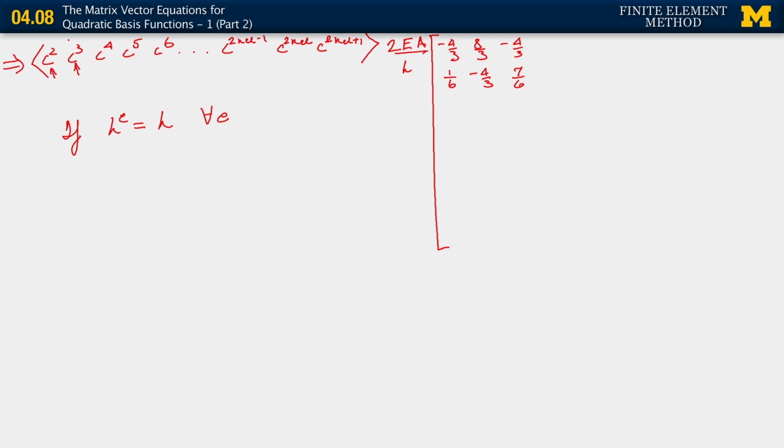We move on to the next element. Element 2 has contributions from C3, C4, C5, or alternately from global nodes 3, 4, 5, global degrees of freedom 3, 4, 5. It is going to get slotted into these positions here. That's where the contribution from C3, C4, C5 will come.